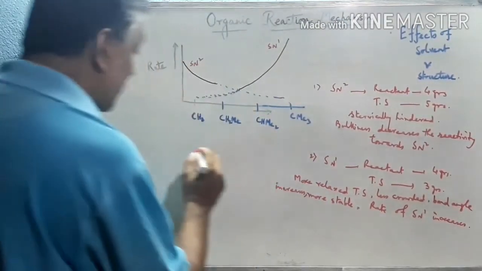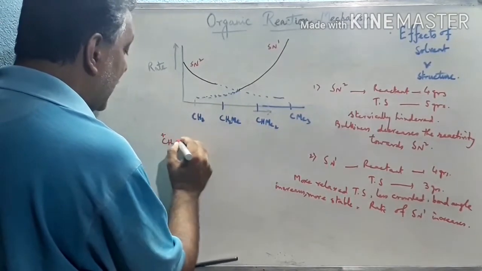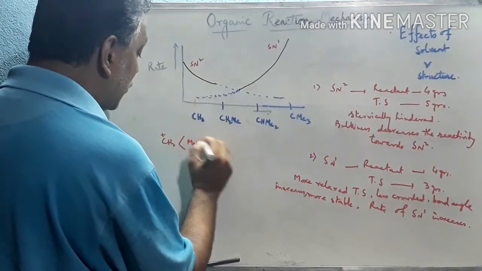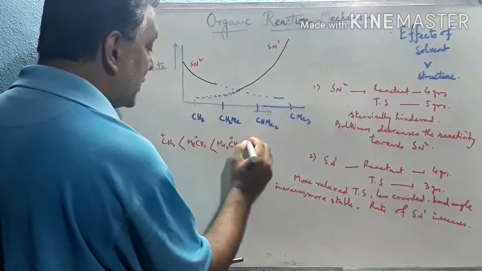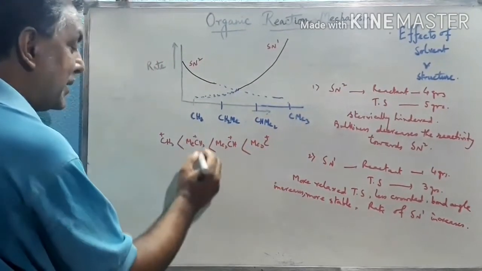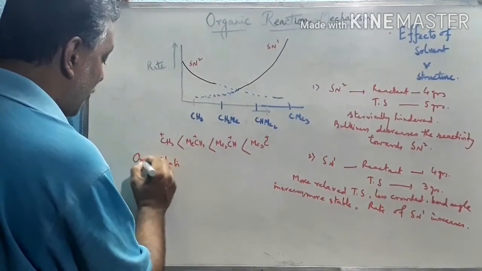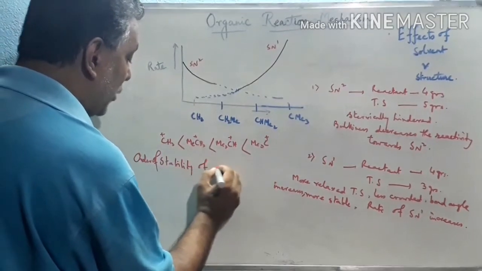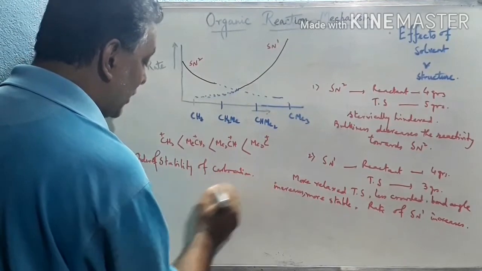So the order of SN1 reactivity is CH3+ less than MeCH2+, less than Me2CH+, less than Me3C+, because with the increase in the stability of the carbocation, this is the order of stability. The order of stability depends on these factors.